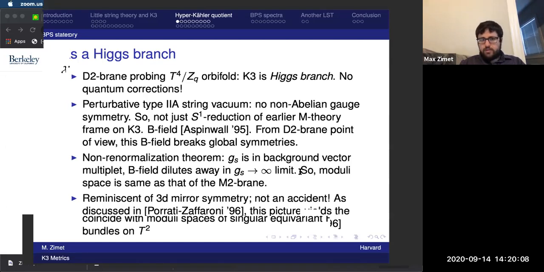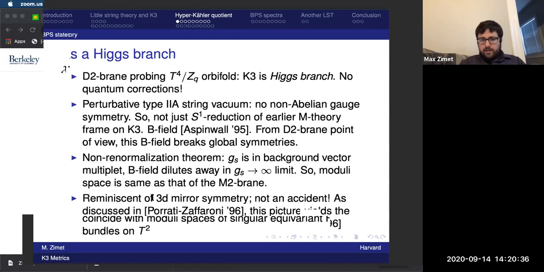And so we can use this perturbative string vacuum in order to describe the moduli space in the limit where the M theory circle decompactifies, then we just recover the M2 brane probing K3 that we had before. And so that tells you that this D2 brane moduli space will be the same as the moduli space we were studying over here in this formalism.